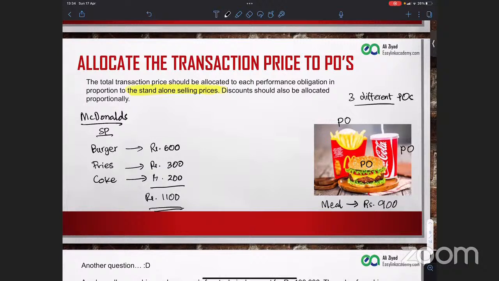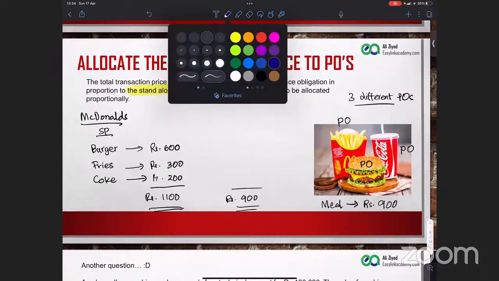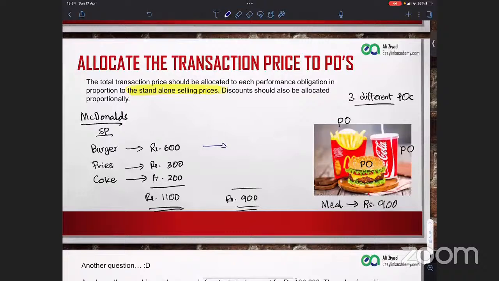Now we need to know how to allocate rupees 900 for burgers separately, fries separately, and Coke separately. Any idea how we can do that? We need to allocate this 900 between these distinct performance obligations.